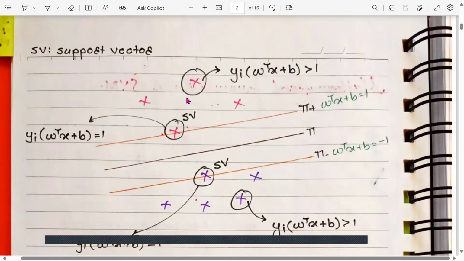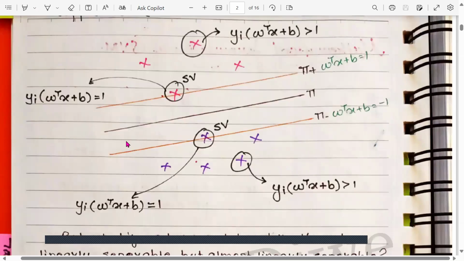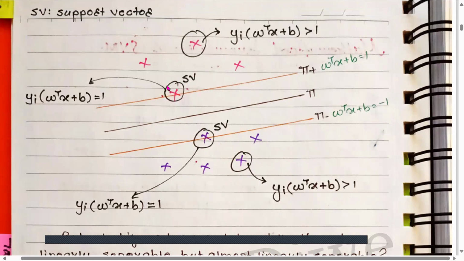Under this, the circles and crosses are points. The value for points which lie on this line is equal to 1, and for the others it is greater than 1. The points which lie on this line are the support vectors. Keep this equation in mind.